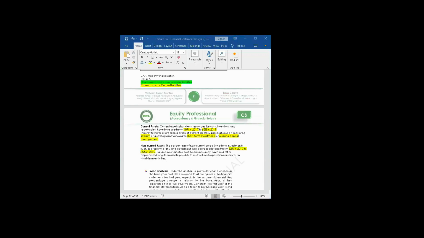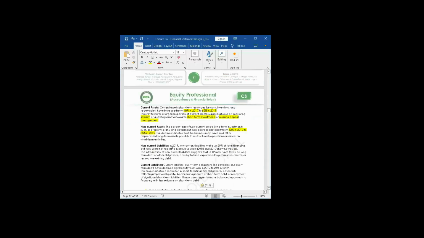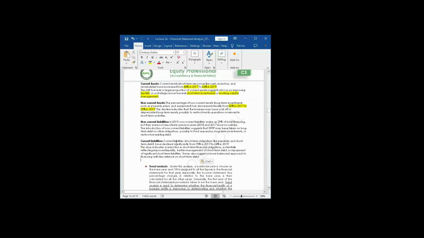Then the liability section of the account. Let's see the comment. Non-current liabilities made up what? In 2019, non-current liabilities make up 29% of total financing, but they were not reported before. However, the current liabilities have declined significantly from 75% in 2017 to 24% in 2019.